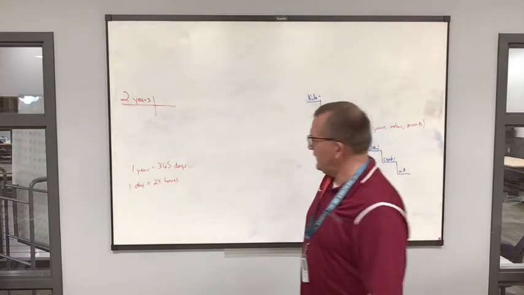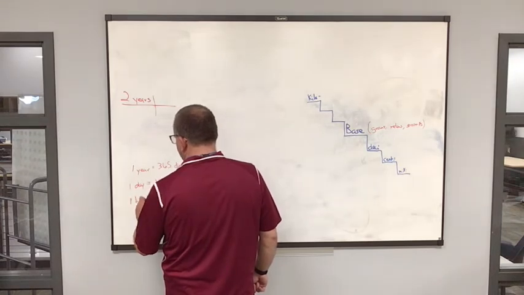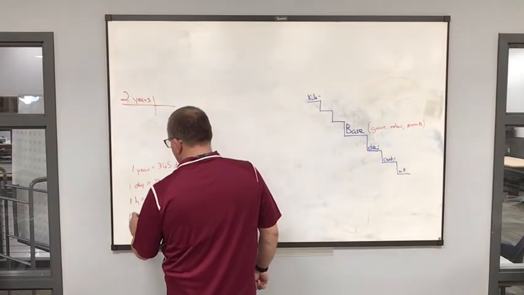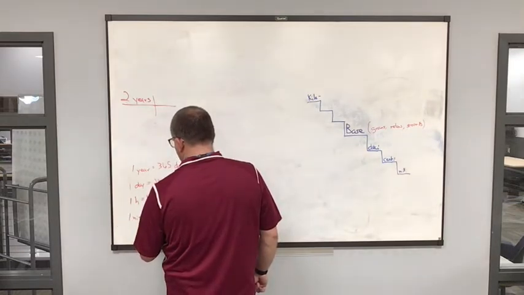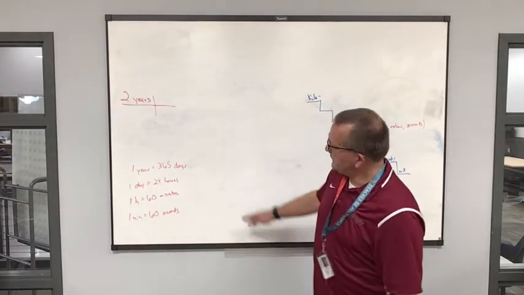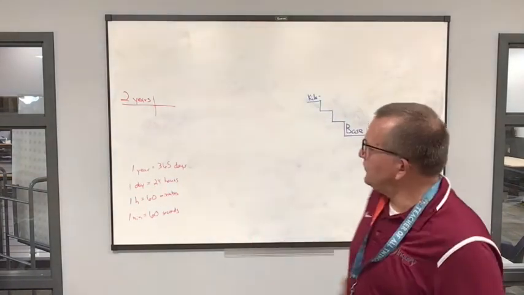We know that in 1 hour, there are 60 minutes. And we know in 1 minute, there are 60 seconds. So now I can go from years to seconds just using facts that I know without having to do a whole lot of fancy math.